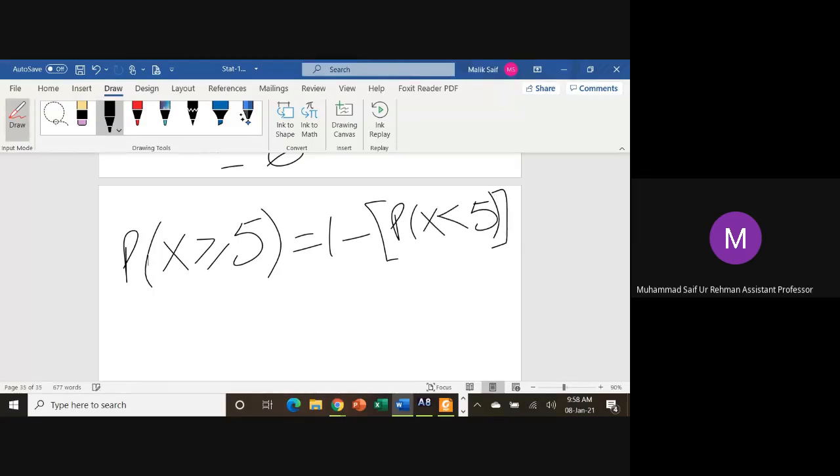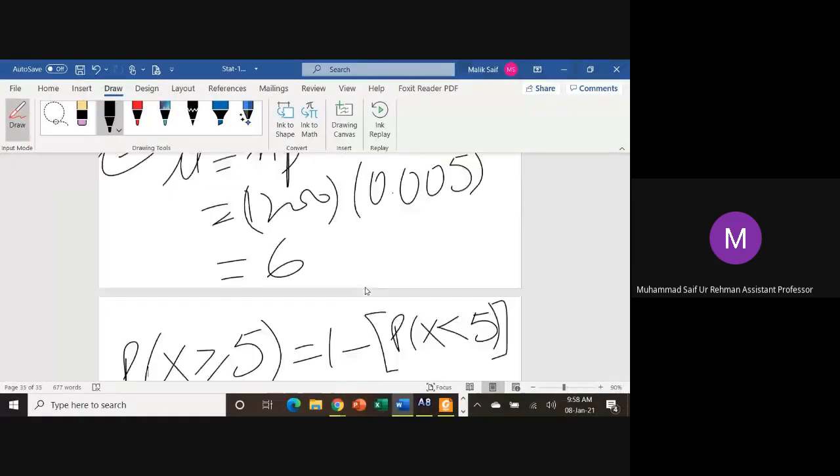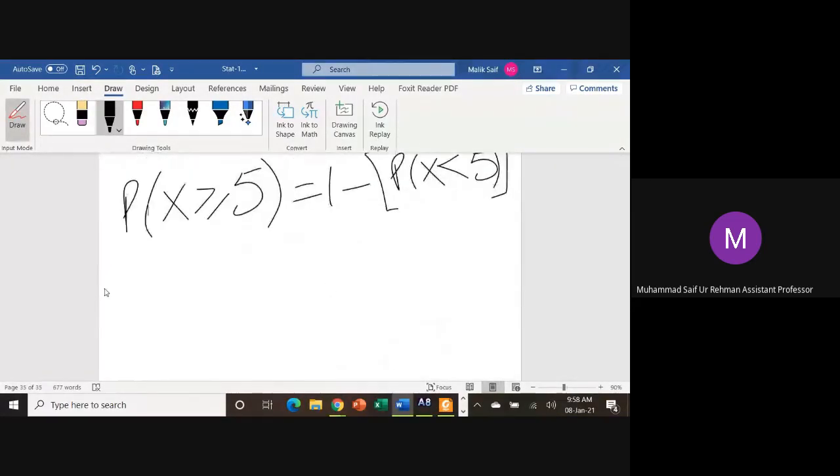So two possibilities are there. We'll write down the complement. Now which terms will be included? X is equal to 0, x is equal to 1, x is equal to 2, x is equal to 3, and x is equal to 4. Up to 4 you will write down the terms, and then use the probability distribution formula for all.